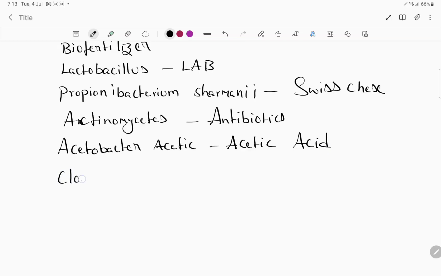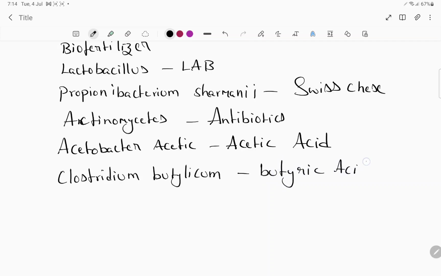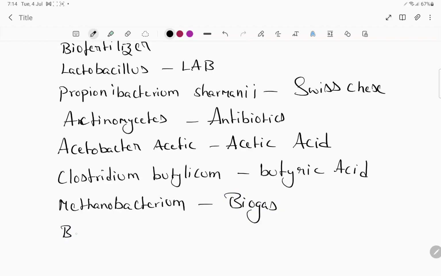Clostridium butylicum, butyric acid. Methanobacterium, biogas. Bacillus thuringiensis, Bt, biopesticide.